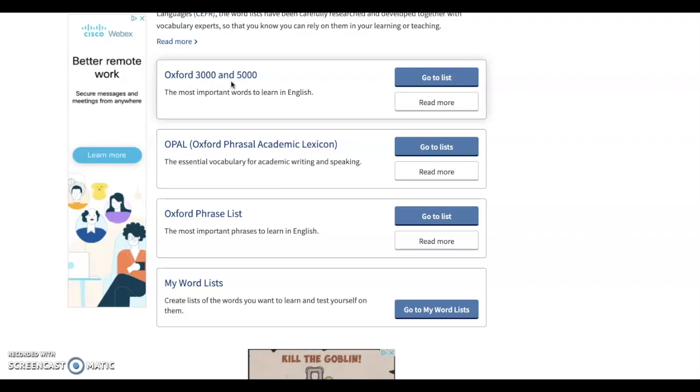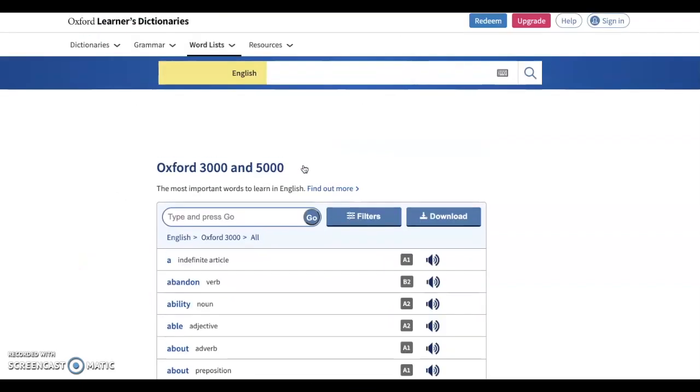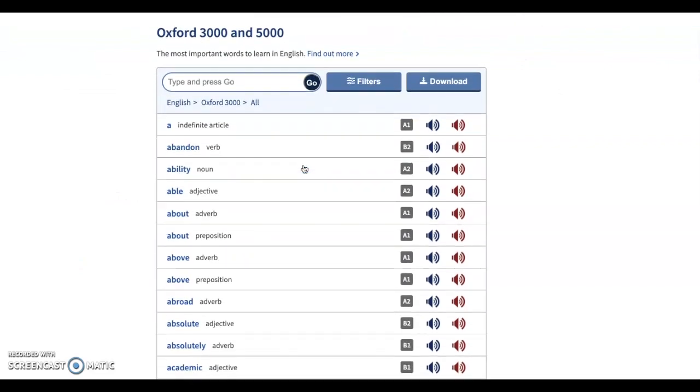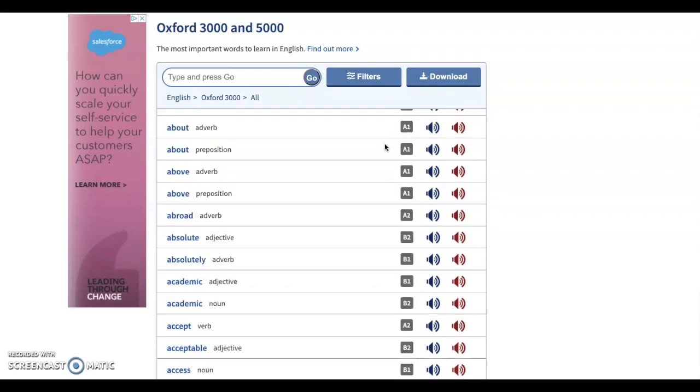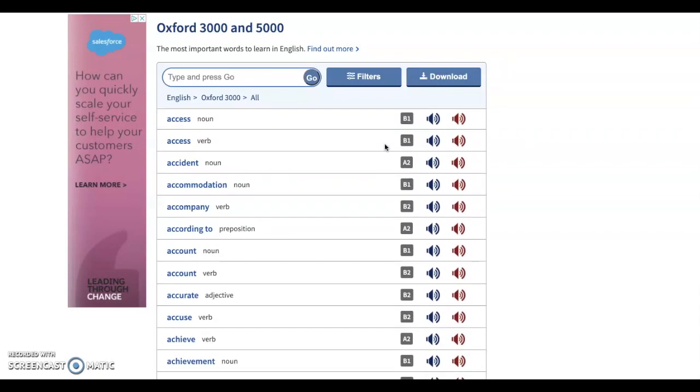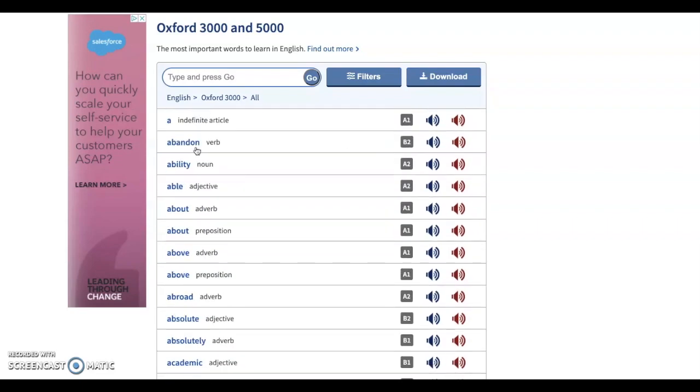For example, the Oxford 3000 and 5000 level words are the most important words to learn in English. These are the words that every learner needs to know in order to understand and use the language effectively. These words are mostly A1, A2, B1, B2, and some C1 level words.